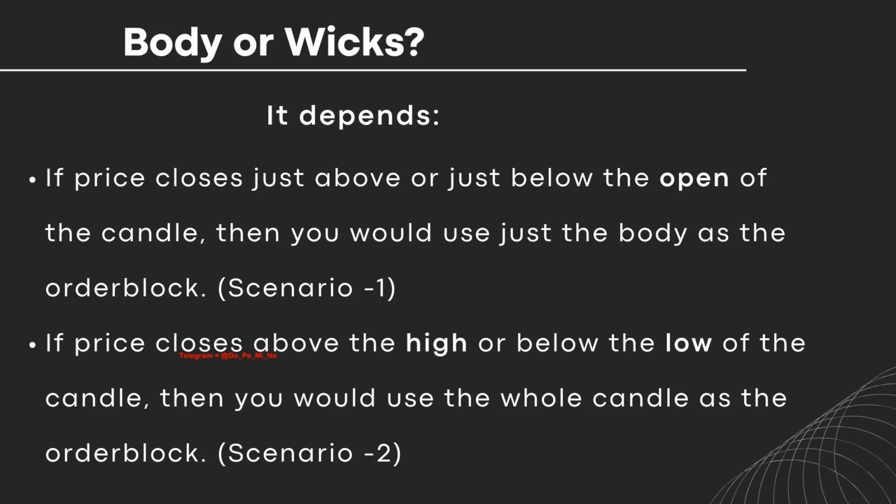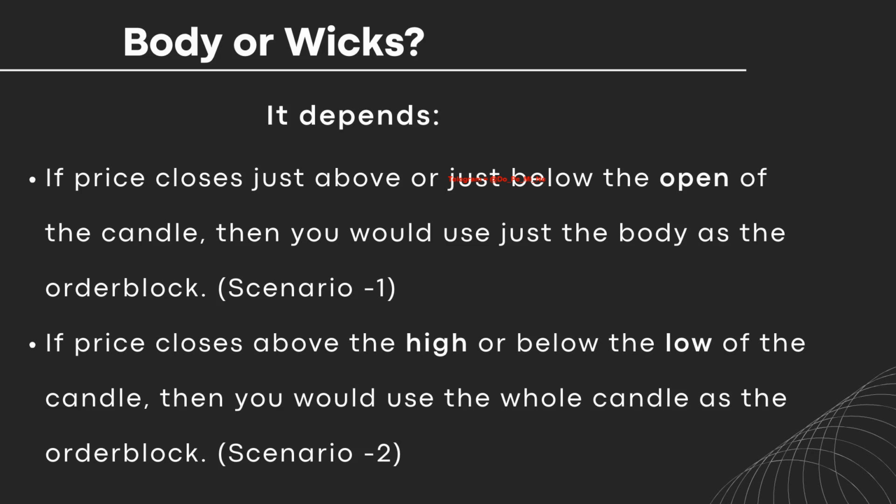So it basically means, right, that if price closes below or above just the open of the candle that purged liquidity or filled liquidity, instead of closing above or below the high or the wick, then in that case you would only use the body, right, because it hasn't yet closed below or above the wick, so you can't choose the wick in that case, right?